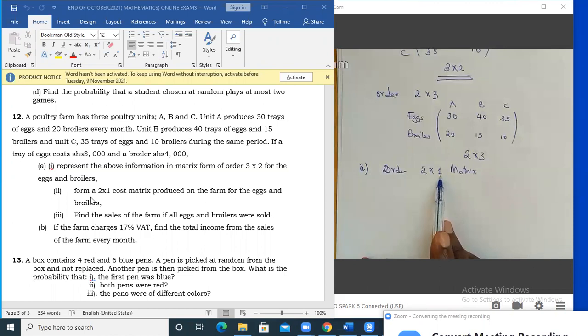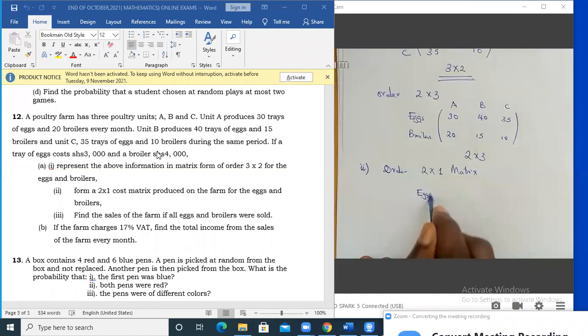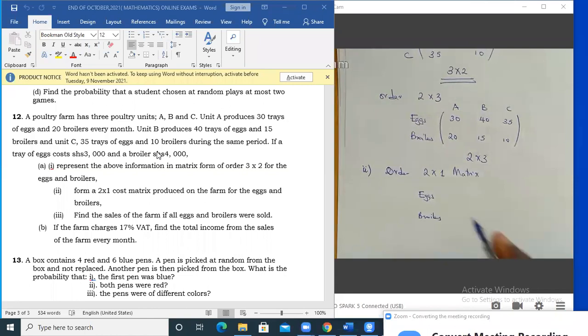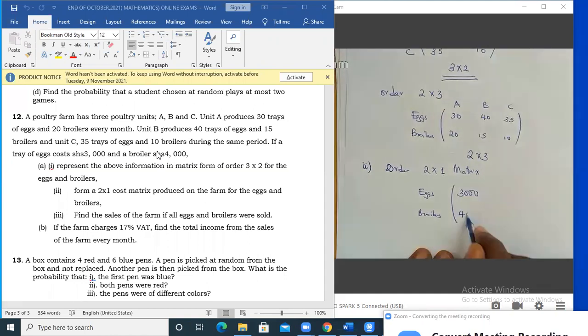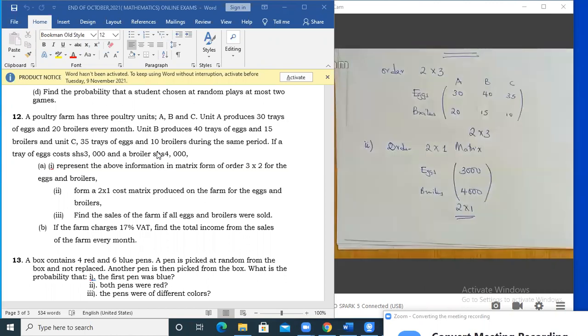From the question, if a tray of eggs costs 3,000 and a broiler costs 4,000, here I'm going to have eggs, then the broilers, and the cost is 3,000, then 4,000. That's our answer. No more struggle.